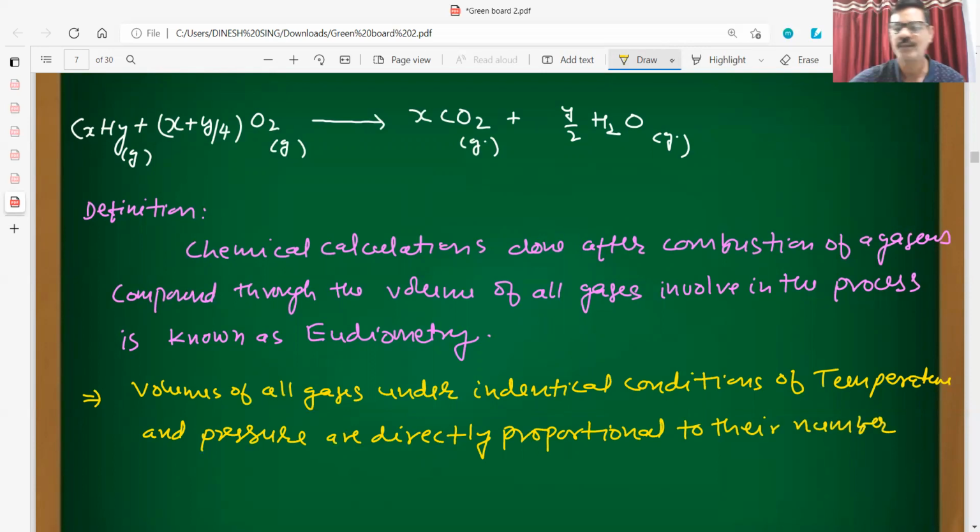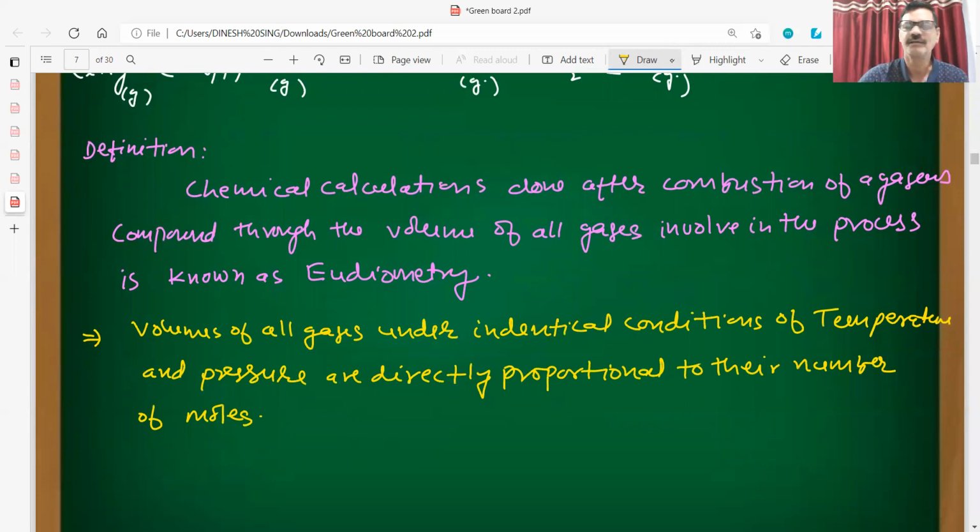This is Avogadro's law. So this is the principle we are using behind these eudiometric calculations.